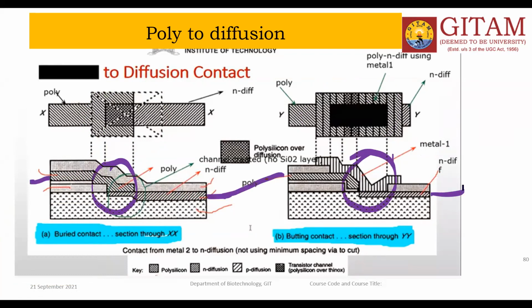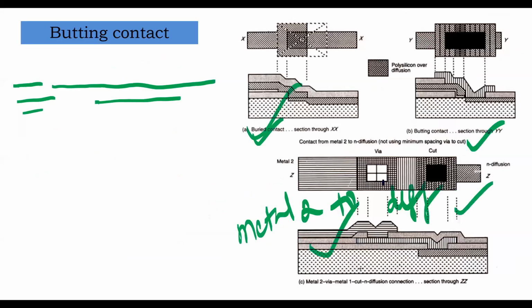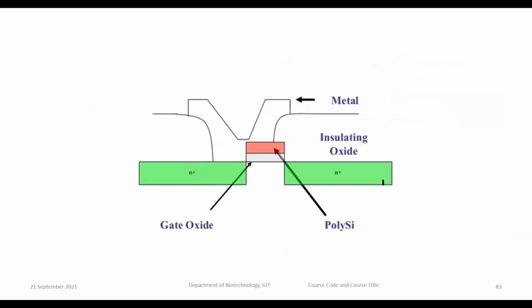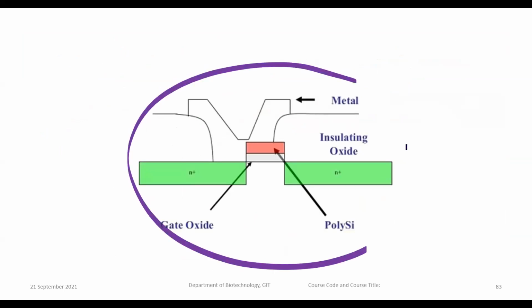See how the connection is. Here, poly and diffusion can join directly, but here the poly and diffusion are joined via what? This one. What is this? Metal one. Yes, this is the way you can join. This is the transistor.